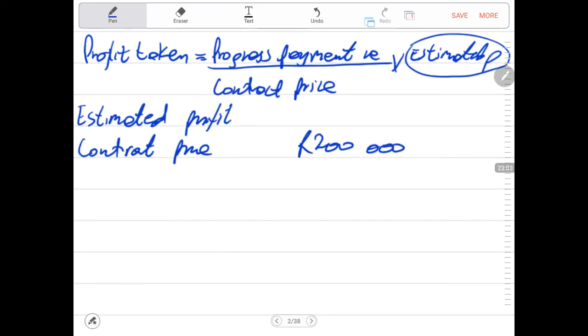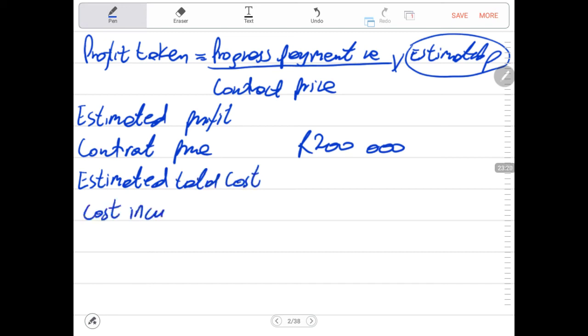Then we have our estimated total cost. Our estimated total cost is made of the cost incurred to date, meaning the cost that we have incurred so far, plus estimated cost to complete the remaining work.